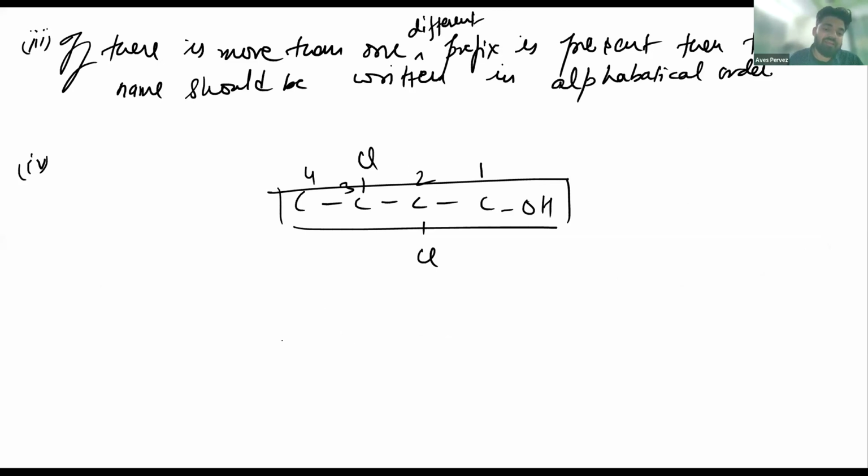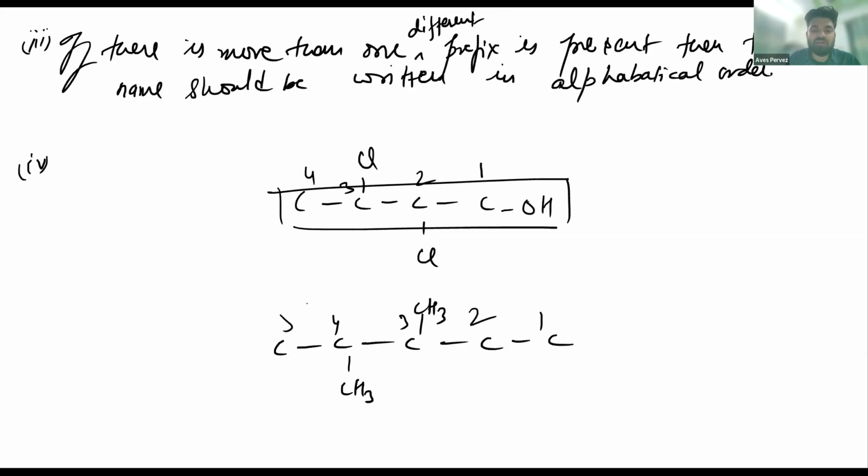Like we have a methyl group here. One CH3 group, we call the CH3 group methyl. This is also methyl. If there is only one such choice, we give preference to this one, because if we start from here, 1, 2, 3, 4, 5, they get 3 and 4. And if we start like this, 1, 2, 3, 4, 5, they get 2 and 3.